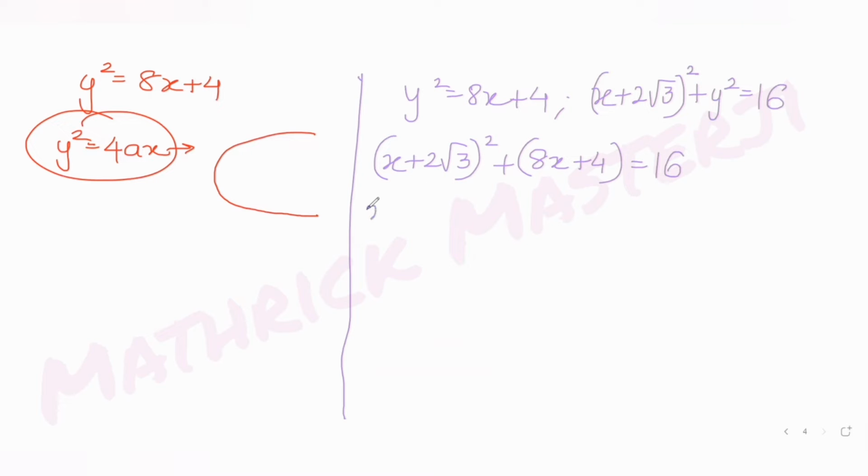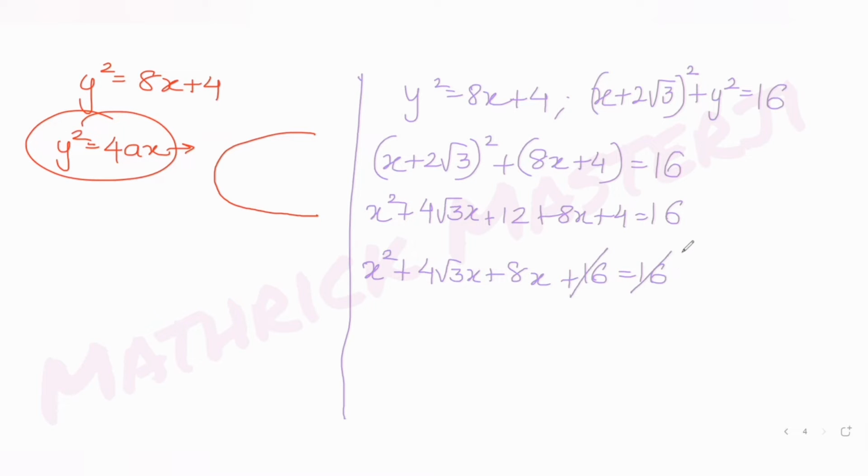So if I solve this, I get x square plus 4 root 3x plus 12 plus 8x plus 4 equals 16. So I get x square plus 4 root 3x plus 8x plus 16 equals 16. From this, I cancel 16 on both sides and I get 0 on the right hand side. I take x common, I get x times x plus 8 plus 4 root 3 equals 0. That gives me two values of x.